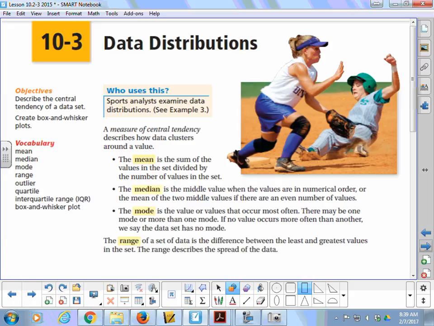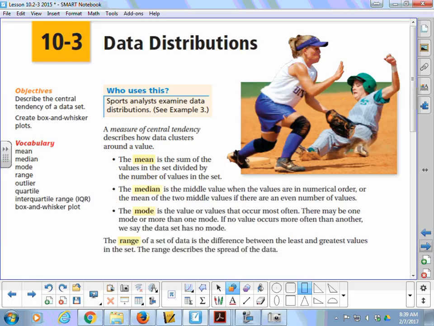There could be one mode, there could be more than one mode, or there could be none. Right? For the modes, if all the numbers are different, then there is no mode. Right? Or if they're all the same, there is no mode either. Right? And the range is the difference from the least to the greatest, smallest to largest number.